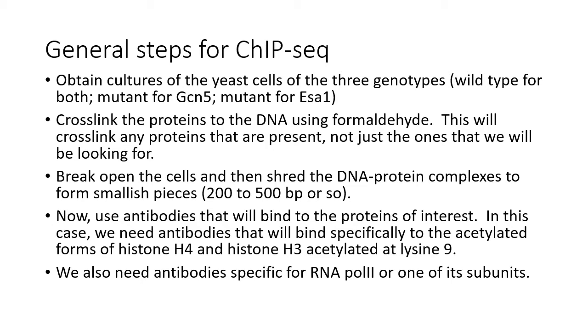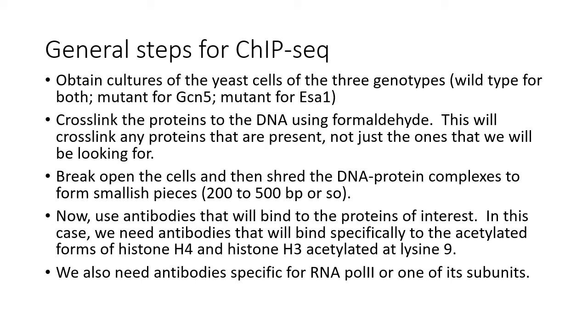Okay, so now we're going to split our extracts and add different antibodies according to what we're going to be looking for. Okay, in this case, we need antibodies that are specific for the acetylated forms of H4 and the acetylated at lys 9 position on H3. We also need antibodies specific for RNA pol2, presumably one of the subunits of RNA pol2.